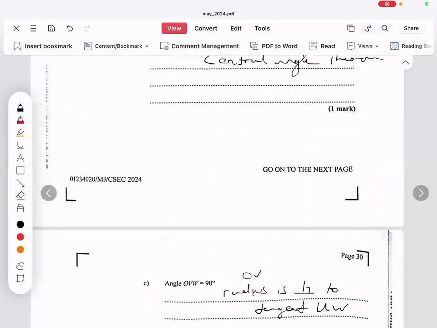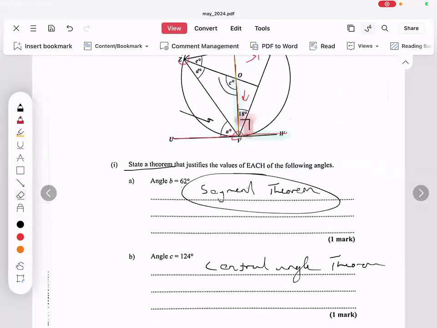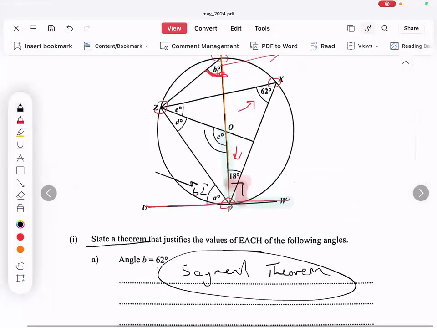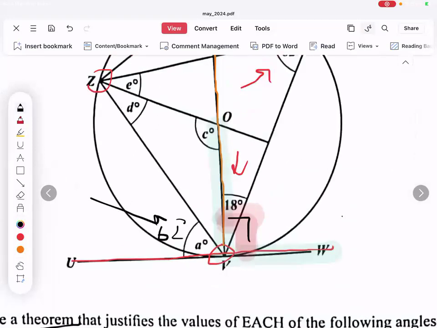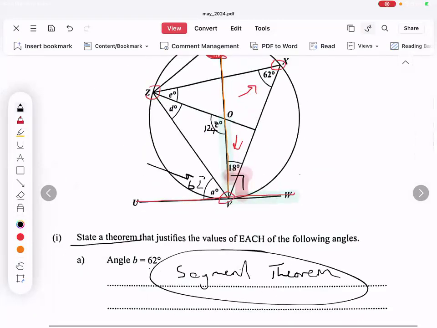Angle D. Hold on. So this is 62. Angle D now. What do you think angle D is now? Remember, this is 124 now. So how would you find angle D now?